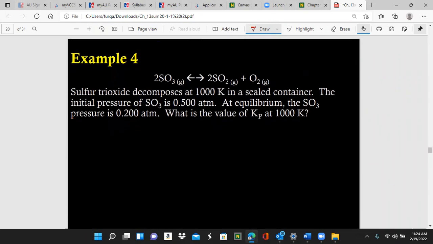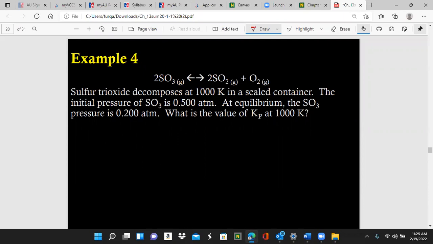So moving forward, this is the chemical reaction. It says sulfur trioxide decomposes at 1000 Kelvin in a steel container. The partial pressure is 0.5 atmosphere. What is the value of Kp at 1000 Kelvin?